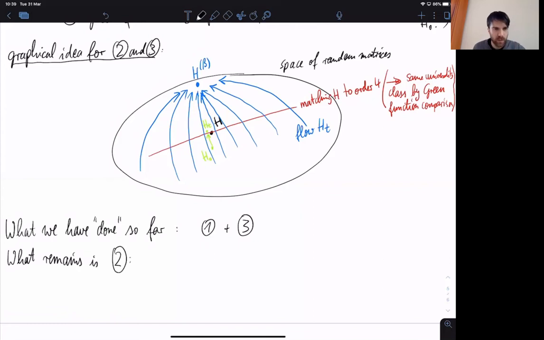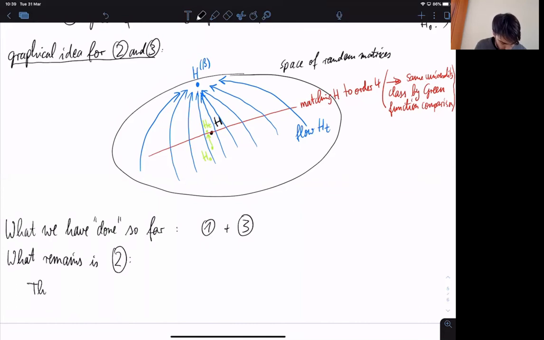That's what we want to look at now, and then we have to analyze how these eigenvalues evolve under this flow H_t, and in particular we have to analyze them for large t.